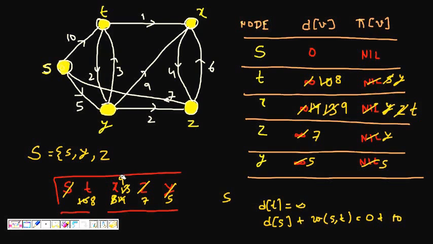Now t is gone, and the only thing left is x. From x I can just go to z, and x has value of 9 and z has 7.